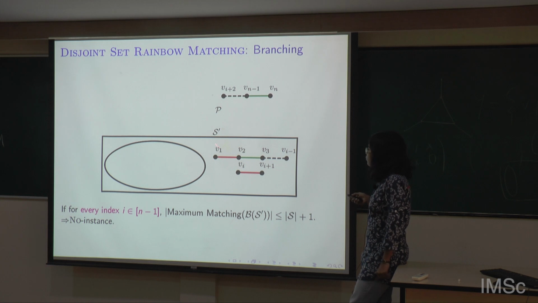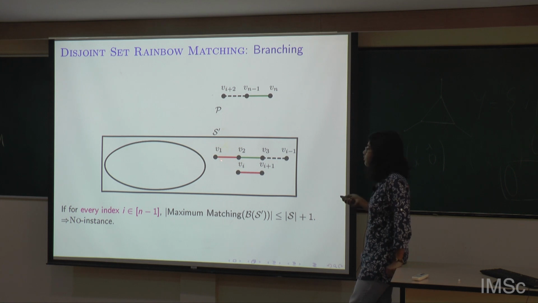So the maximum matching size for the bipartite graph that we construct for S prime should be 2 more than the maximum matching size we had here. If that condition is not satisfied, if it is only plus 1 or less, then for every such edge vi plus 1, we can say it is a no instance.